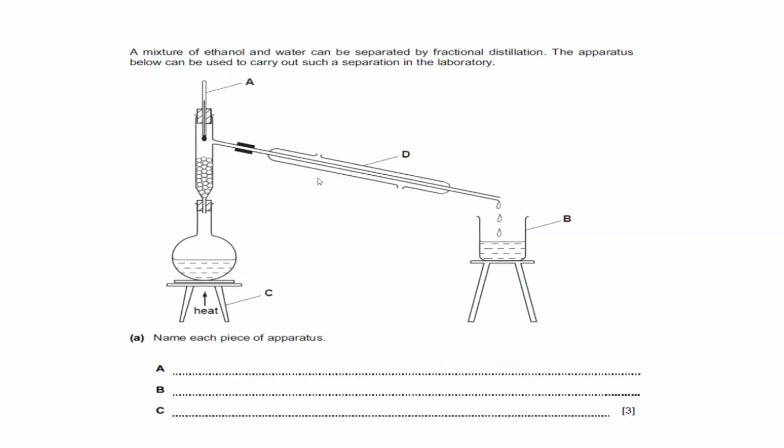Name each piece of apparatus. A. What is A? A is thermometer. That's good.